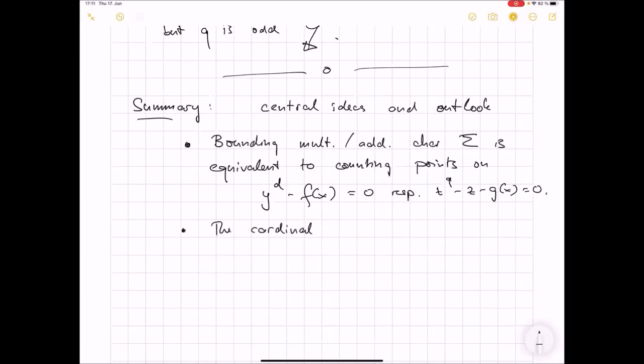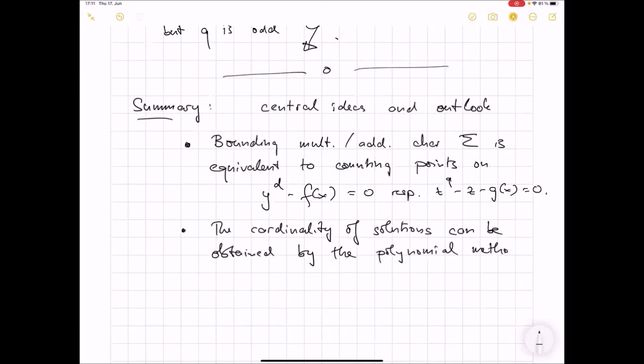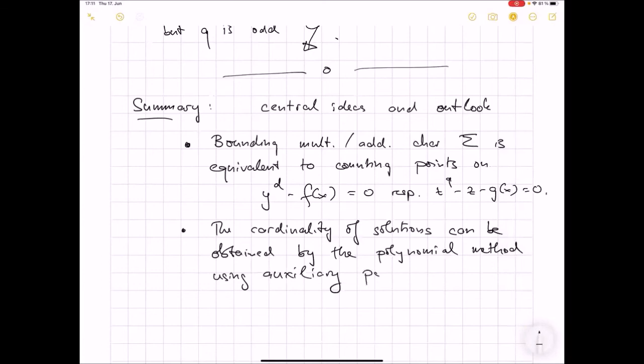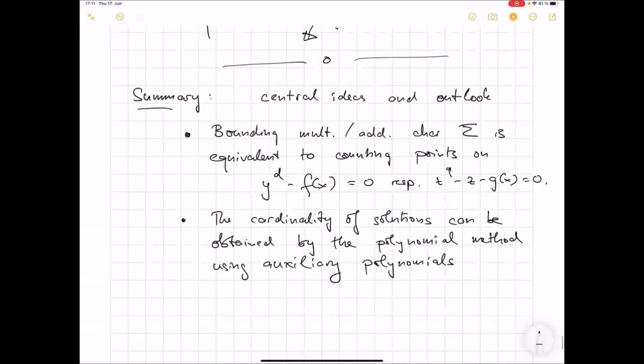The cardinality of solutions can be obtained by the polynomial method using auxiliary polynomials of controllable degree, having zeros of high order at all the points of interest.